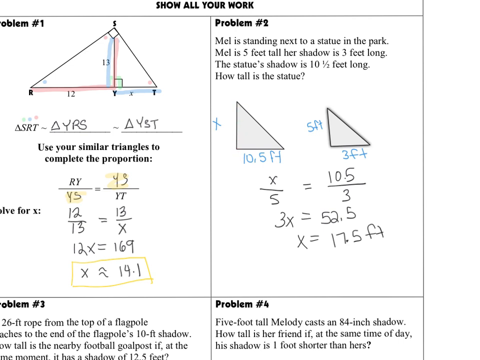And so we're going to set up our proportions here, that the height of the statue is in proportion to Mel's height, so x over 5, and then the shadows in proportion to each other, so 10.5 feet to 3 feet. And so when we have our proportion, then we're going to cross multiply, and when we divide, we're going to get that the statue is 17.5 feet tall.